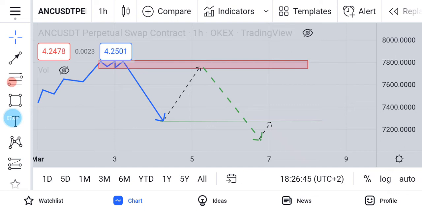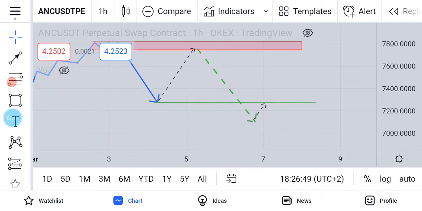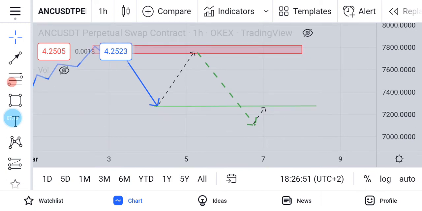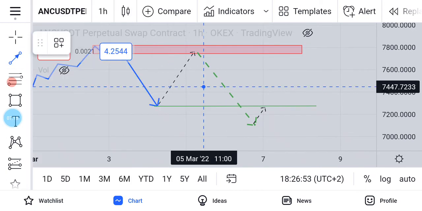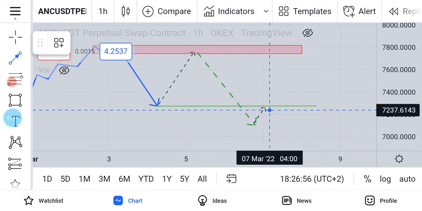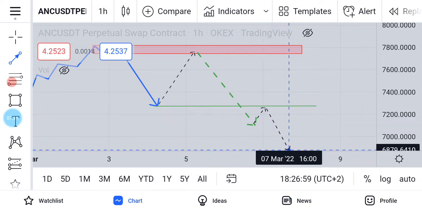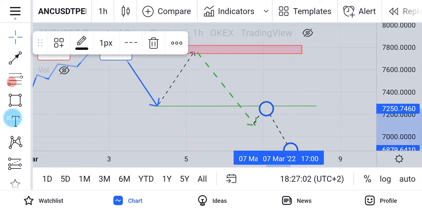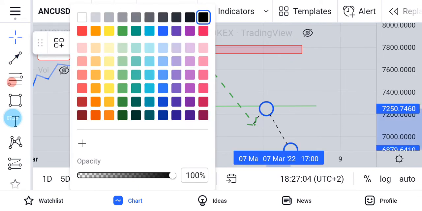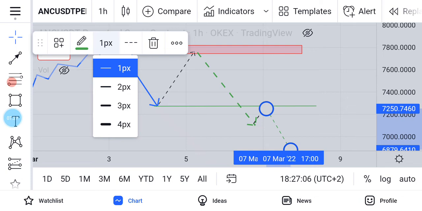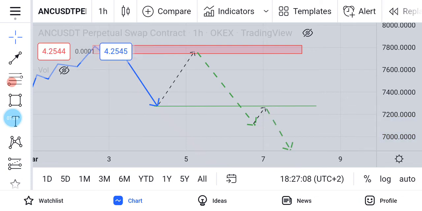So once you see those reversal patterns, what do you actually mean? You mean that I'm expecting this coin or this market to continue shooting down. So you're expecting this coin to continue shooting down.